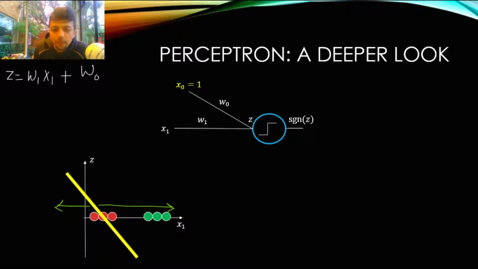For example, if I ask you how your classifier thinks about this particular data point, you have to see where it cuts through this line, then look at the resultant z value, and then look at the sign of that.